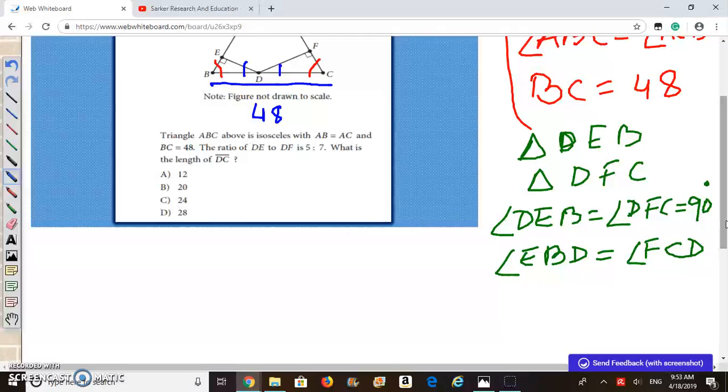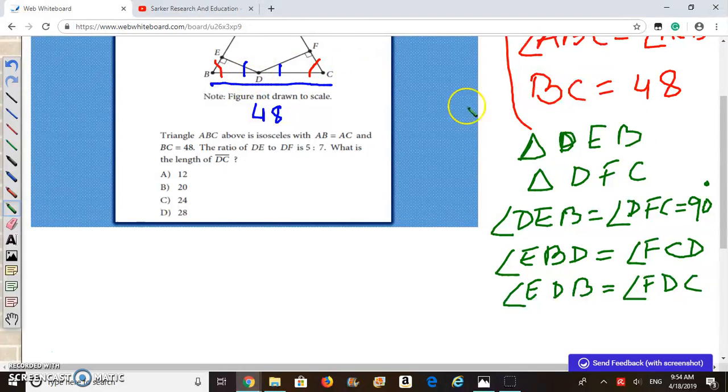So we found that angle EDB equals angle FDC. So in these two triangles, all three angle pairs are equal.